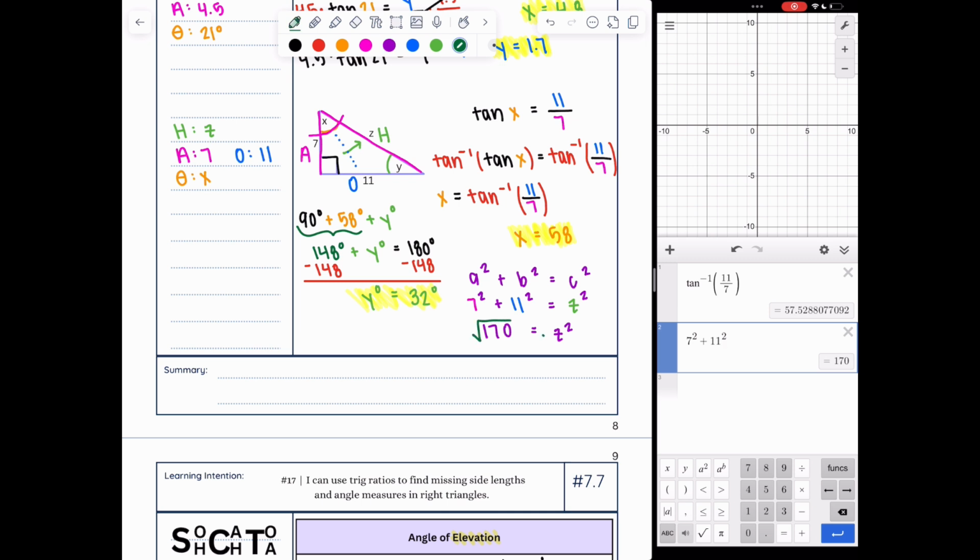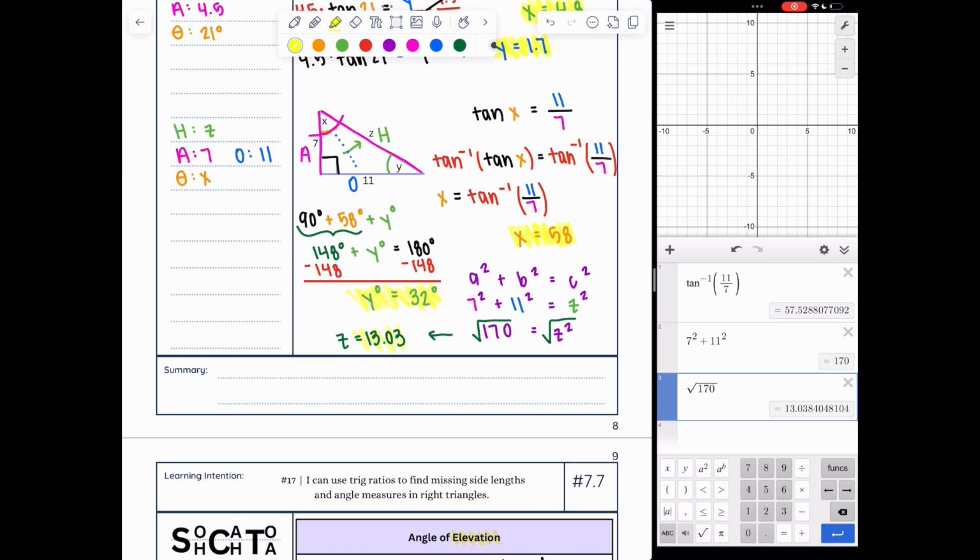I know that 170 is z squared, but I don't want the squared value. So if I'm going to undo a square, I take the square root. And if I take the square root of 170, that's not something I can do without a calculator. So I end up with 13.038. I'm going to go ahead and write down 13.03 just because I want you to be aware that that is different than 13.